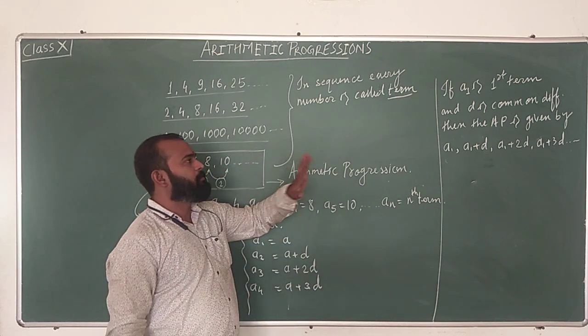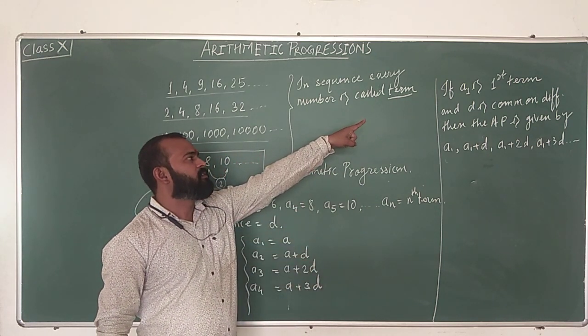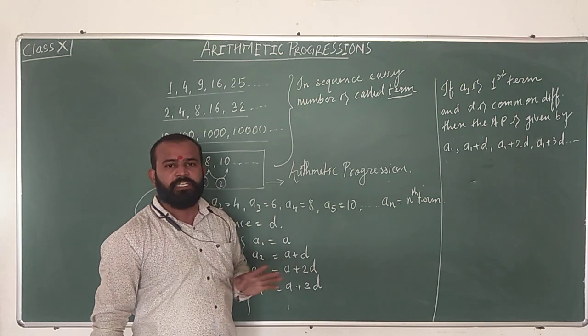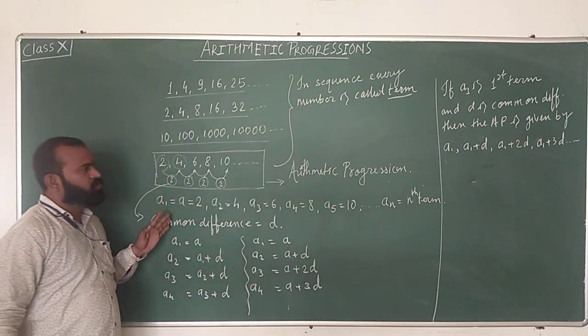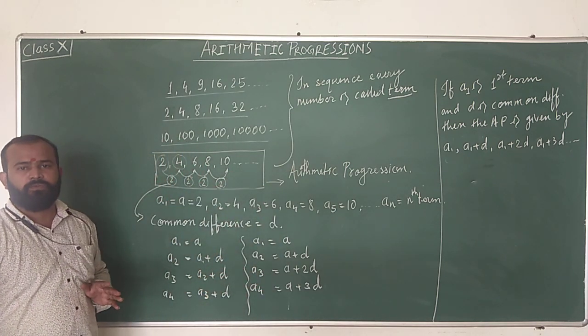This is the AP if the first term a and the common difference d is there. Okay, this is how the AP can be formed.